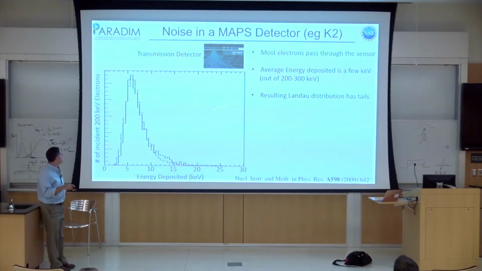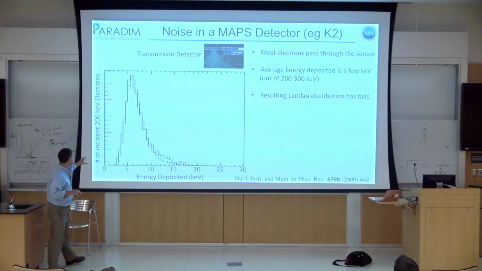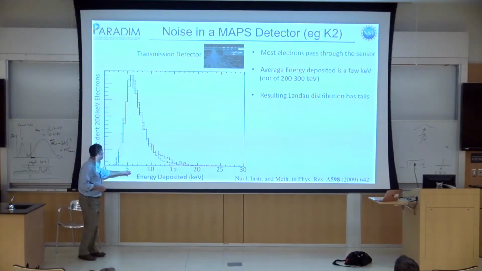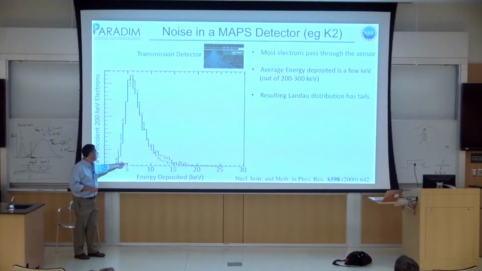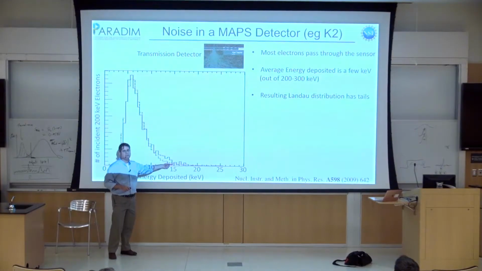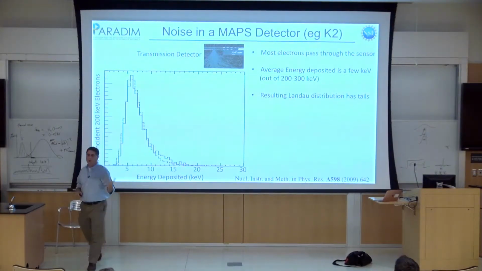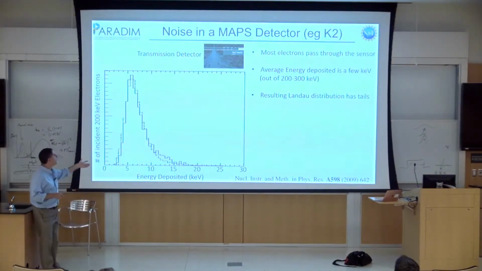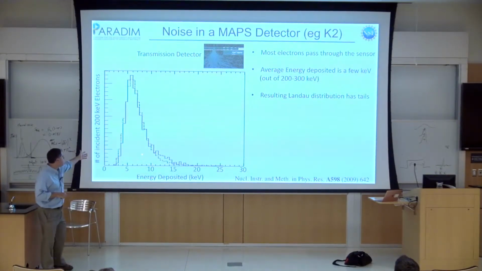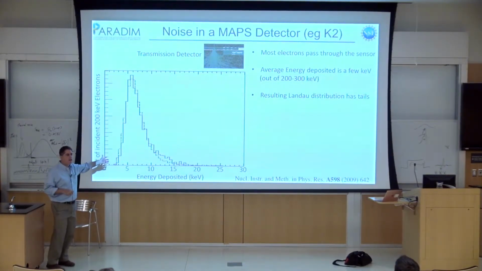So what you can see is the 200 keV electron produces, this is a histogram, sometimes a pulse of 5 keV in energy, sometimes a 15 keV energy pulse. If you drop the energy of the electron beam, you'll probably dump more energy into the detector, and if you pushed up the beam energy, you'd put less energy into the detector, because most of it's being transmitted.